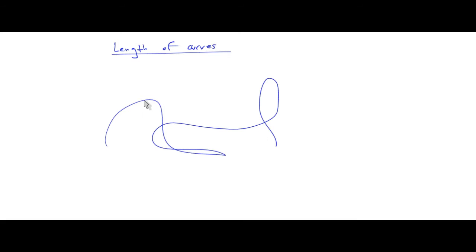Videos about length of curves. Okay, so consider any curve, which is given by a parameter. We start at a, we end at b, and at each point t we're given r of t, a function that gives us a point.